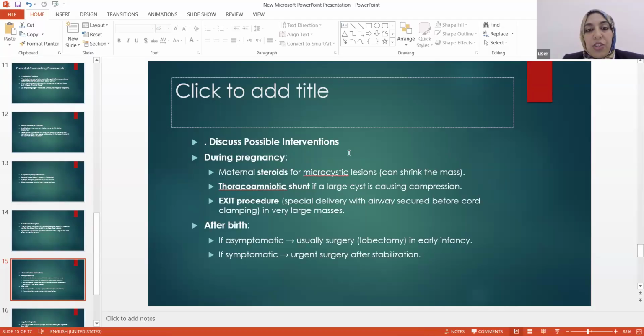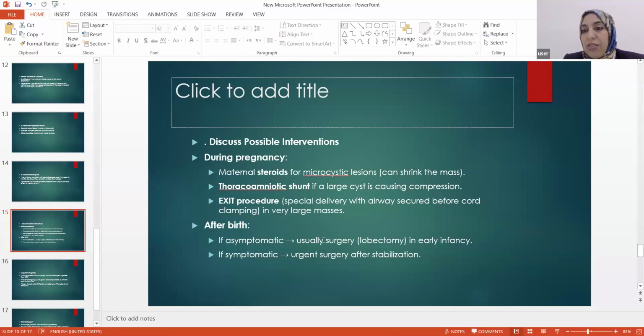Discuss the possible intervention, if there is any availability of prenatal intervention, or the intervention after birth, either surgical removal of the mass or surgical intervention if there is any cardiac abnormality. And after birth also, whether the surgery is immediate or needed after the baby's stabilization.